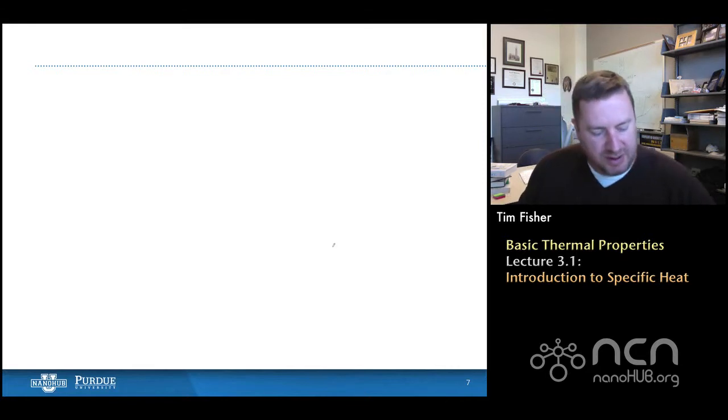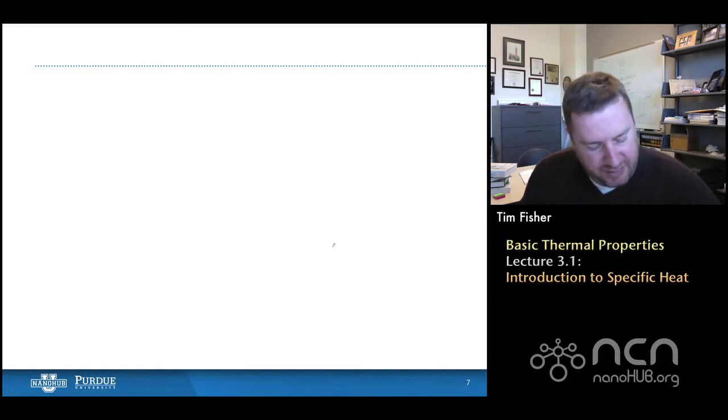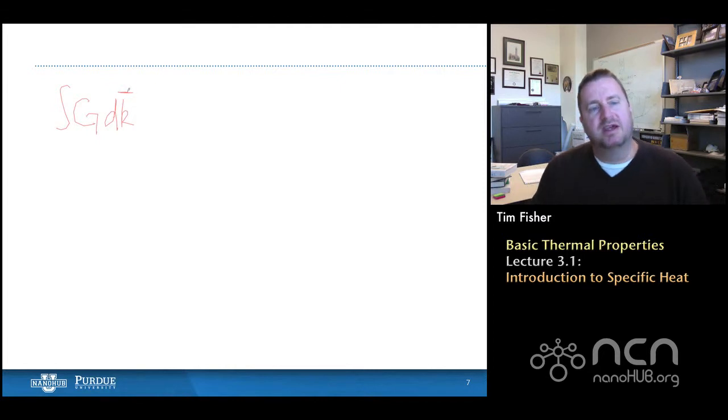One of the things that's often done, but maybe not explained all the time, is that if we have an integral, I'm going to draw it here. We have some integral of, let's say, a function g, and we're integrating over k-space. Let's say that it's 2 or 3 dimensions, so I'm putting a vector over the k. If you want to put that in Cartesian coordinates, that means dkx, dky, dkz.